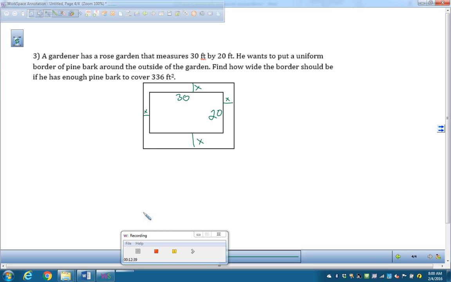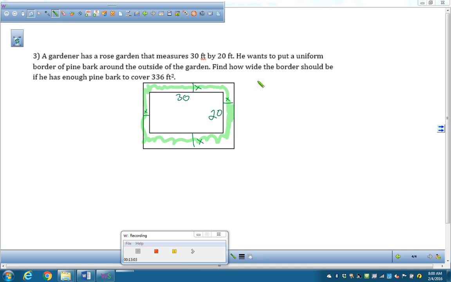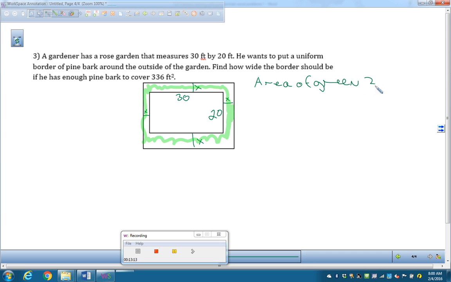What you have to do is figure out how wide the border should be if he has enough pine bark to cover 336 feet. So the pine bark is going to be in this shaded area over here. They tell you that the area of the green is 336.